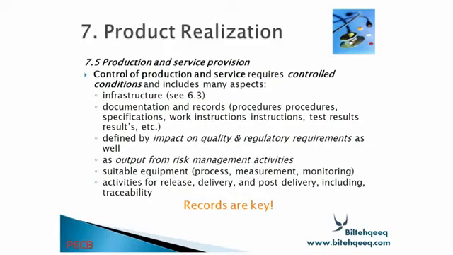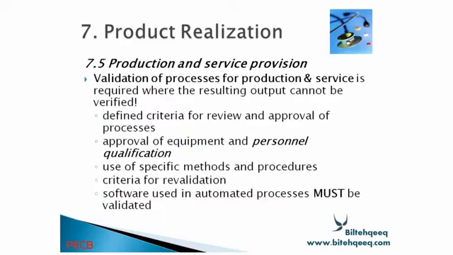These aspects are the infrastructure, documents and records, procedures, specifications, work instructions, test results, defined by impact on the quality and regulatory requirements, as well as risk management activities, suitable equipment, process measurement and monitoring, and activities for release, delivery, and post-delivery, including traceability. So you have to manage all these things in a controlled environment, and you have to keep records of all these controls.